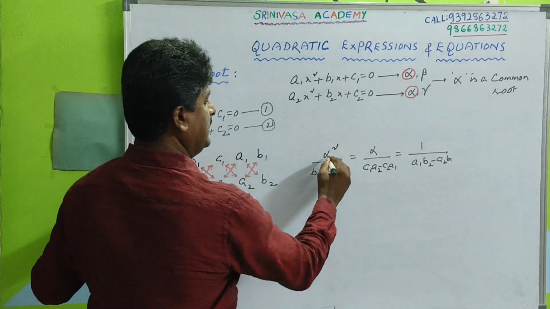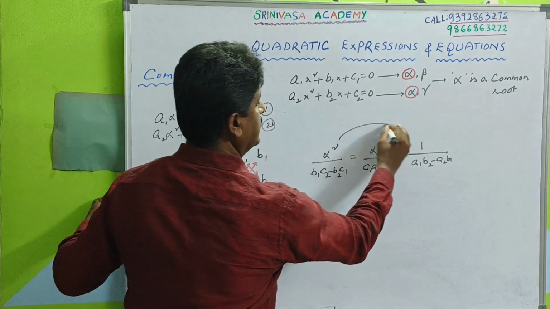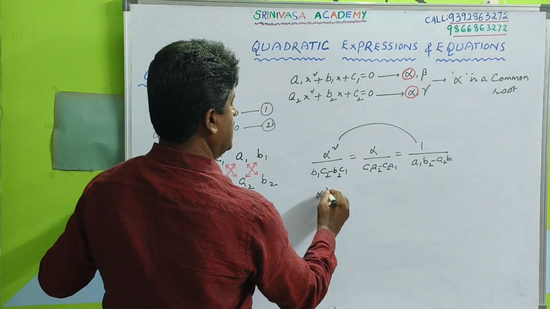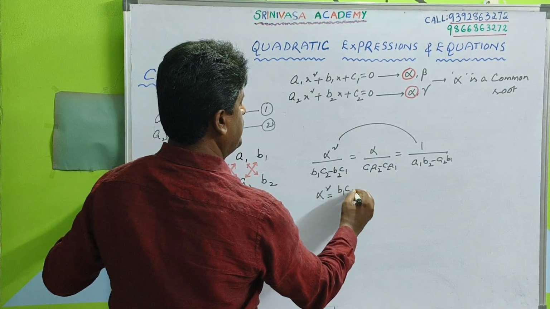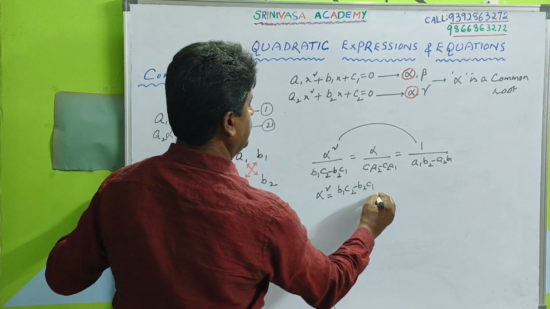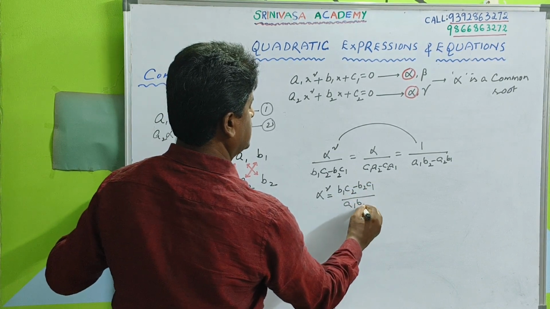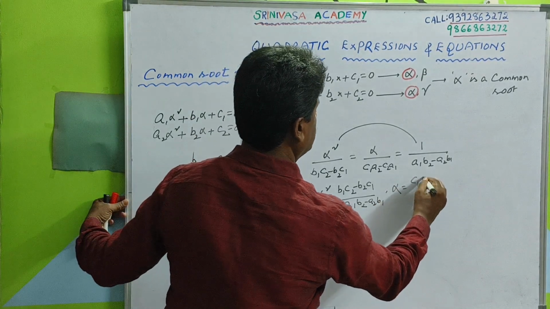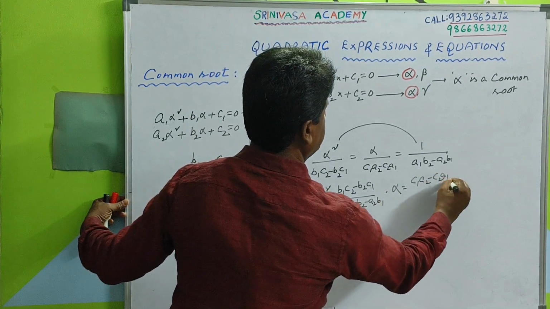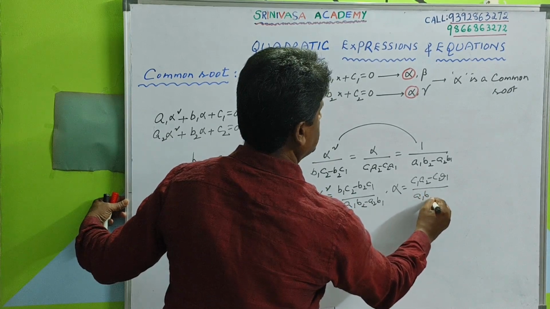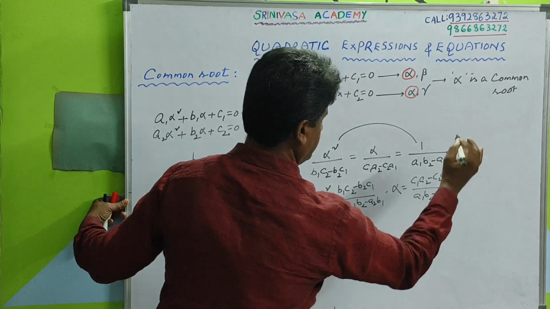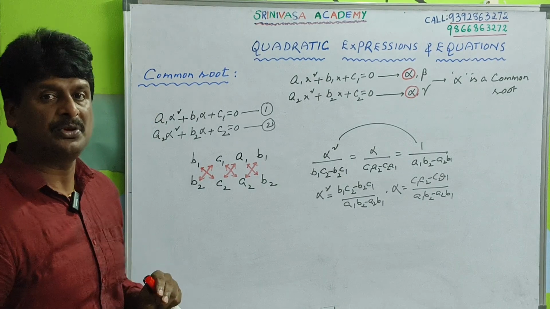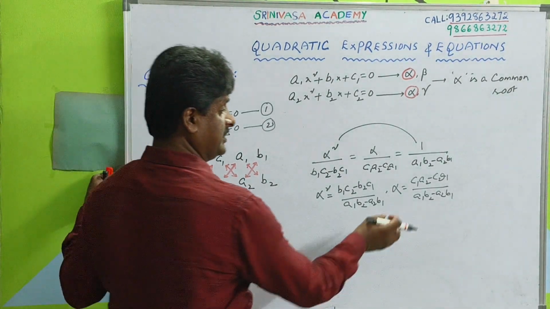Do observe that equating first and third we get alpha square is equals to b1 c2 minus b2 c1 by a1 b2 minus a2 b1. Alpha is equals to c1 a2 minus c2 a1 by a1 b2 minus a2 b1. Okay, eliminate alpha from these two relations.